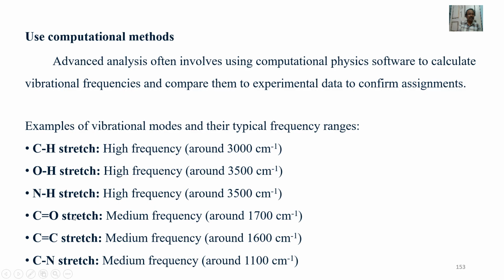Double bond with O, so C=O stretch, is medium frequency, around 1700 cm⁻¹. C=C stretch, double bond, medium frequency, around 1600 cm⁻¹. C-N stretch, medium frequency, lies at around 1100 cm⁻¹. Out of these six stretches, at least we should know four stretches by heart. We'll learn one by one.